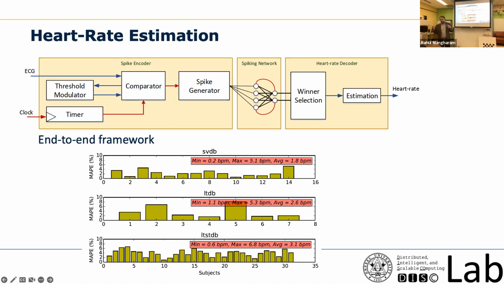On average, the RNN gives 5 to 10 beats per minute error. Here the error is 0.6 beats per minute, and the averages are 1.8, 2.6, 3.1. And you're saying for RNN that's double or triple. Yes, 5 to 10 beats per minute is the average error that we get.